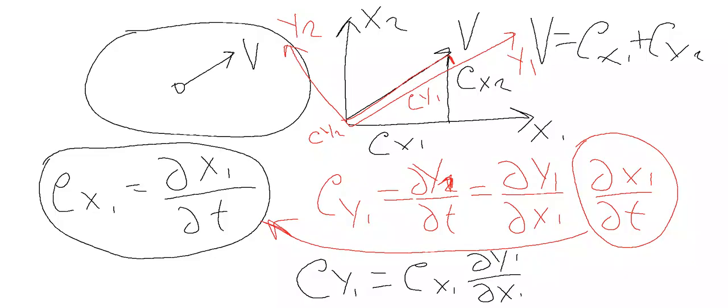So this is called a contravariant component of the vector v. Why is it called contravariant? Because if you increase x1, suppose it goes up, then y1 goes down.